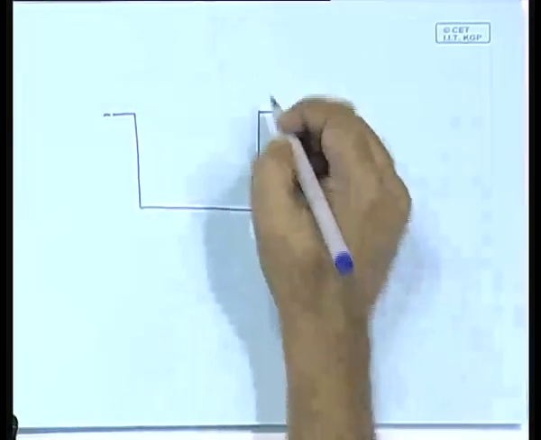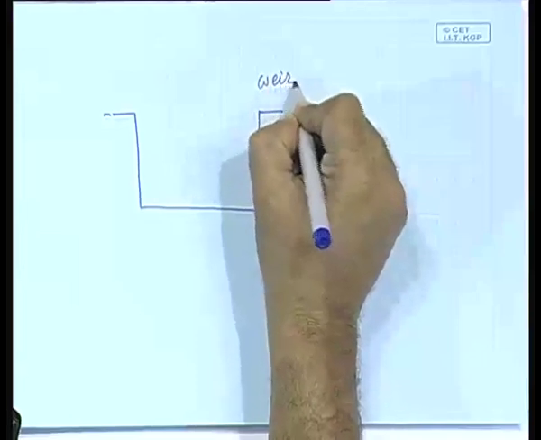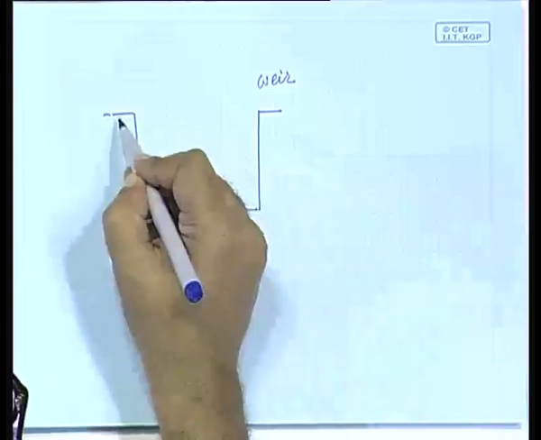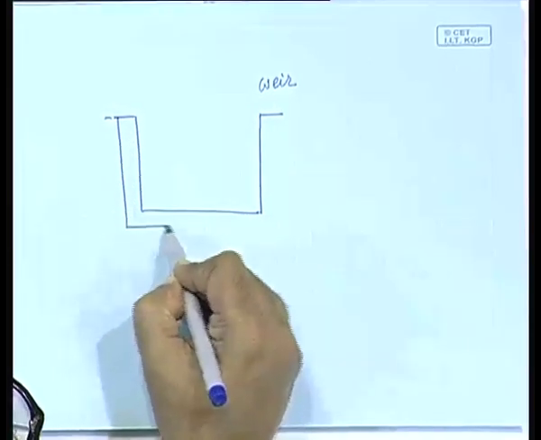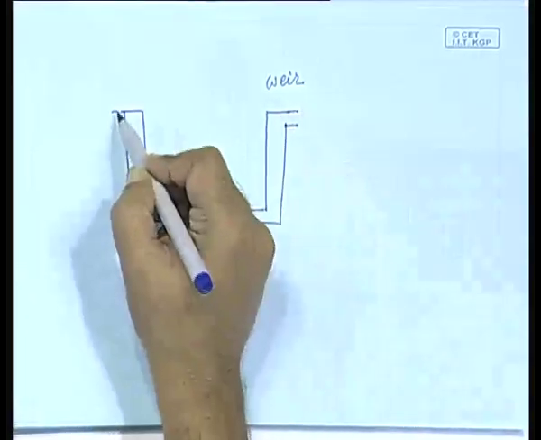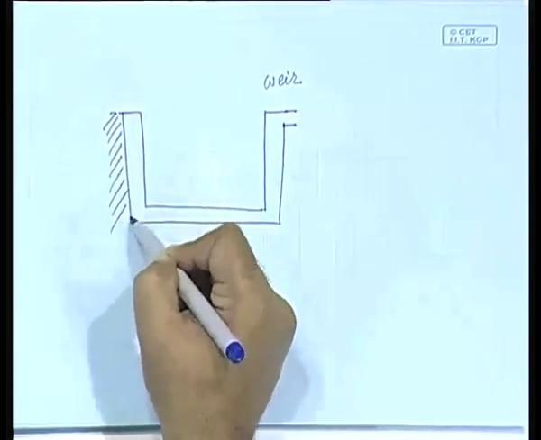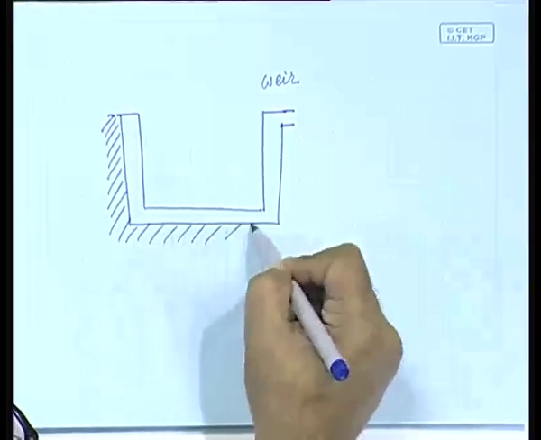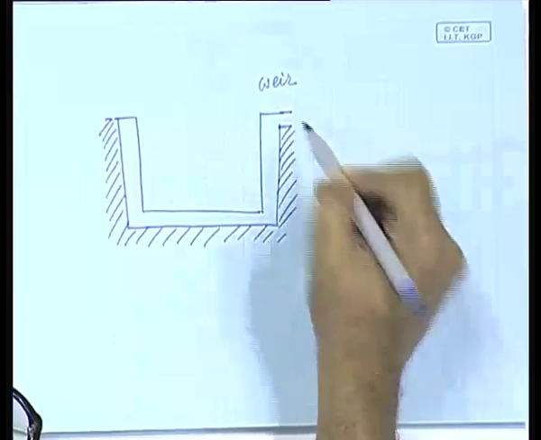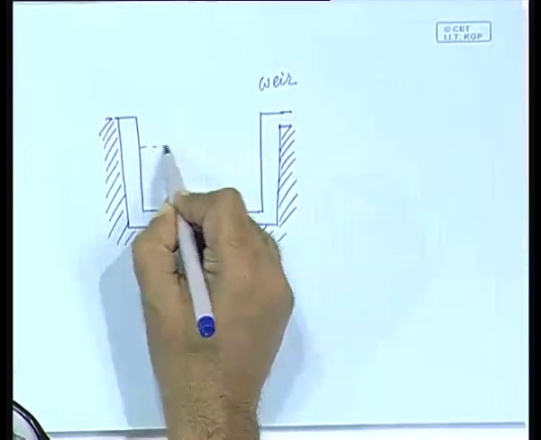This is called a weir. So you make a channel like this, so here is the rest of the ground, and you put the weir so that water is forced to flow.